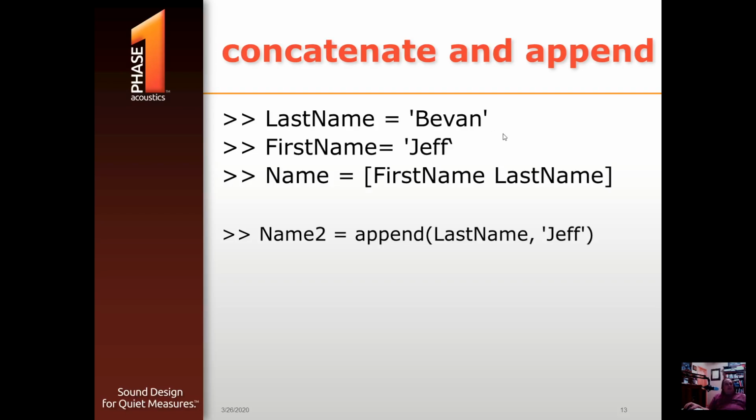Using single quotes for each character array, I can concatenate them using square brackets, just like a numerical array, or I could use the append function, passing in the arguments for the 2 character arrays I want to append.